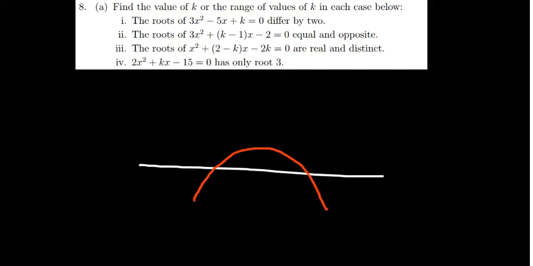The roots of 3x squared minus 5x plus k differ by 2. So I want you first of all to understand what roots are. So I earlier mentioned, at the start of the video, that the points where the function cuts the x-axis, those are what we call the roots.